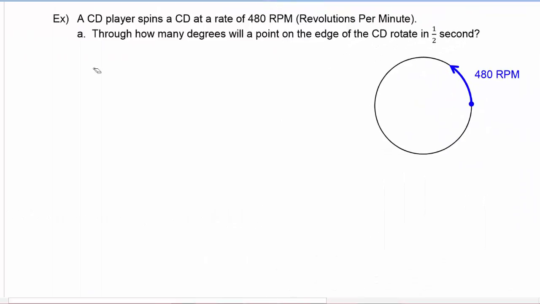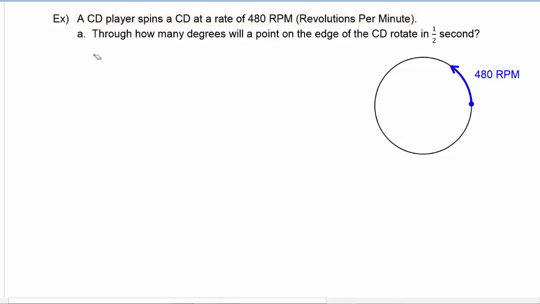Next, we have a CD player that spins a CD at a rate of 480 revolutions per minute. And so that's what's pictured here. This disc is revolving at a rate of 480 revolutions per minute.